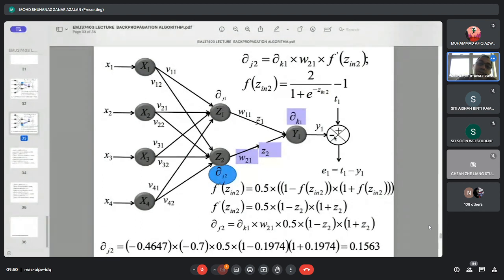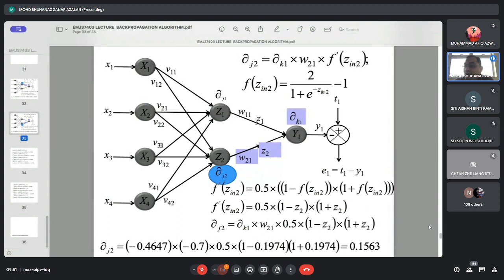It's something like we back propagate. First, the data go in feed forward. In order to update the weightage is back propagate. That's why we call this algorithm a back propagation algorithm.